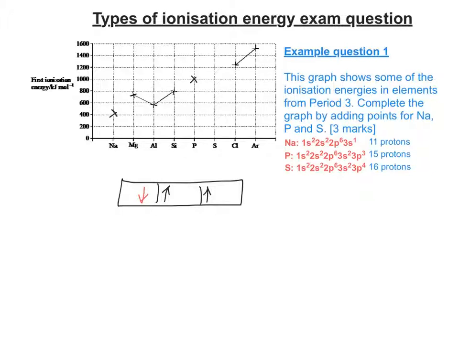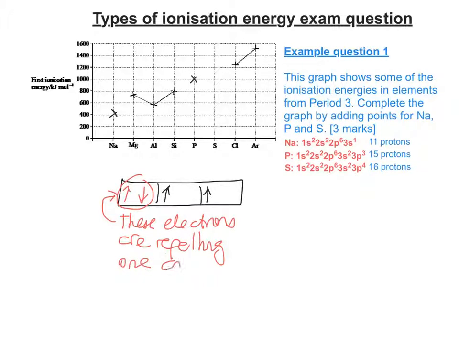It's like this. Sorry, beg your pardon. Opposite spin. There we go. So these ones here are repelling one another, and therefore they're easier to remove.